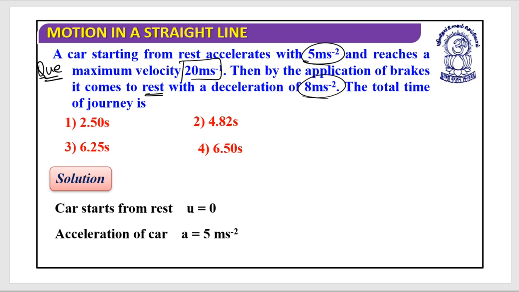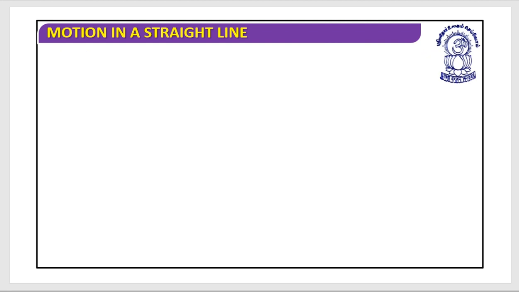Yes, you might assume it correctly that we have plotted a graph of V versus T, which starts from rest and achieves a maximum velocity.